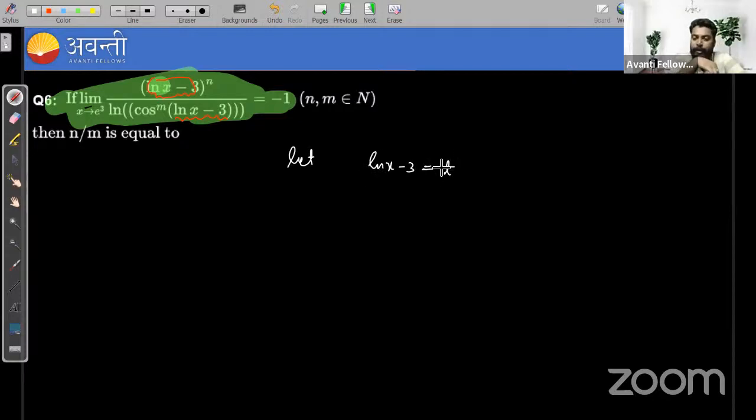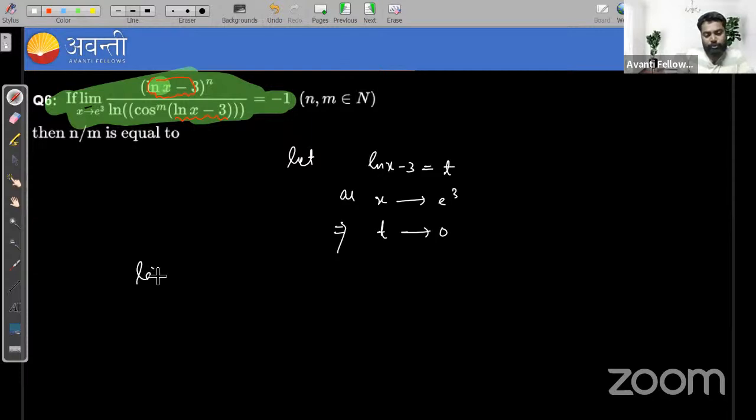If ln x minus 3 is t and x is tending to e raised to 3, then t is tending to 0. That implies t tending to 0.